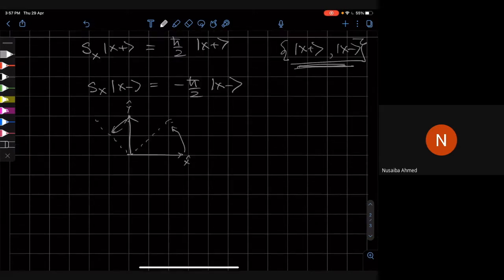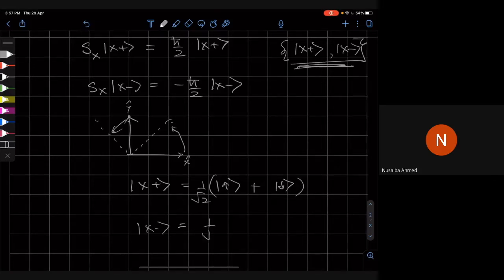You can work this out. You can ask, what is x plus? Up to some plus or minus sign that I'm not going to bother about, you find something like this, with some normalization like 1 over square root of 2, and there might be an i here or something. You can work out the precise form.